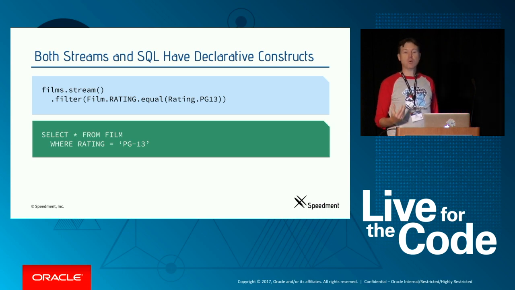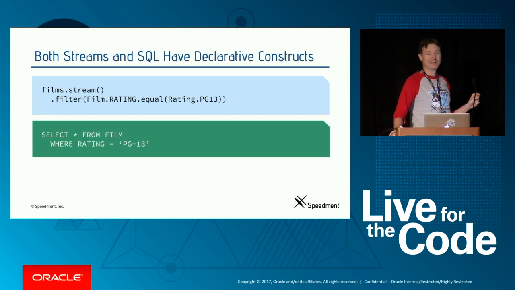But it doesn't say how the database shall do this. The database is free to do this in any way it wants. For example, by iterating over all films and evaluating the filter, or more likely using an index, so it can retrieve all those films directly from an index without iterating over unnecessary items.